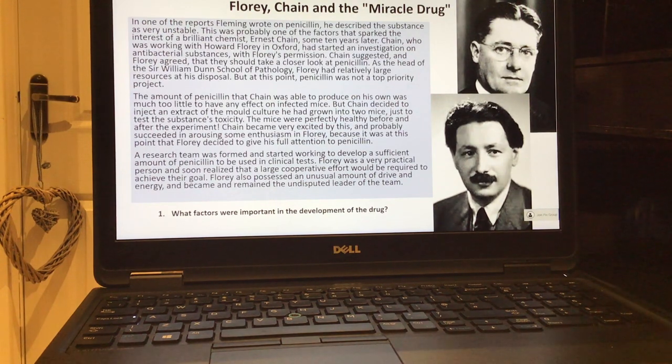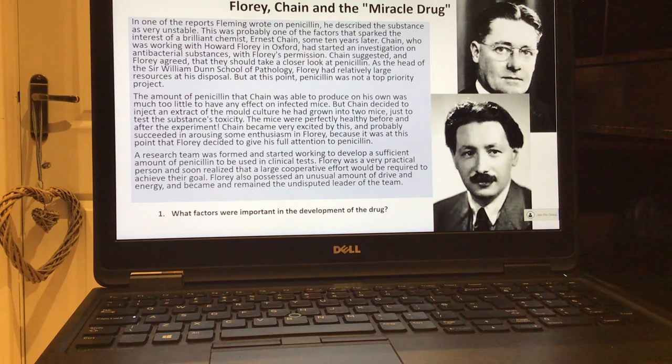I think Florey was at Oxford, I think Chain was also at Harvard or Yale. But they needed some more funding, and they needed some more scientists to actually develop it and take it on and test it on more mice, and inject different mold cultures into different mice and different levels of toxicity.